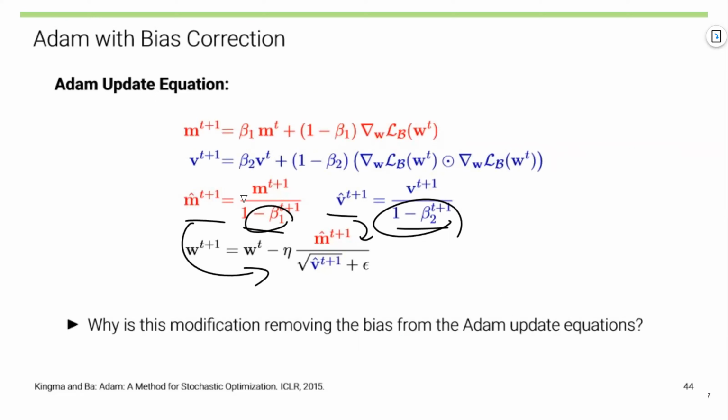Therefore, we divide these values by 1 minus beta 1 to the t plus 1, and when we take expectation operators on both sides, it becomes the expectation of the gradient we want. Okay, that's the mathematical validation of how these modifications can tackle the bias towards 0.